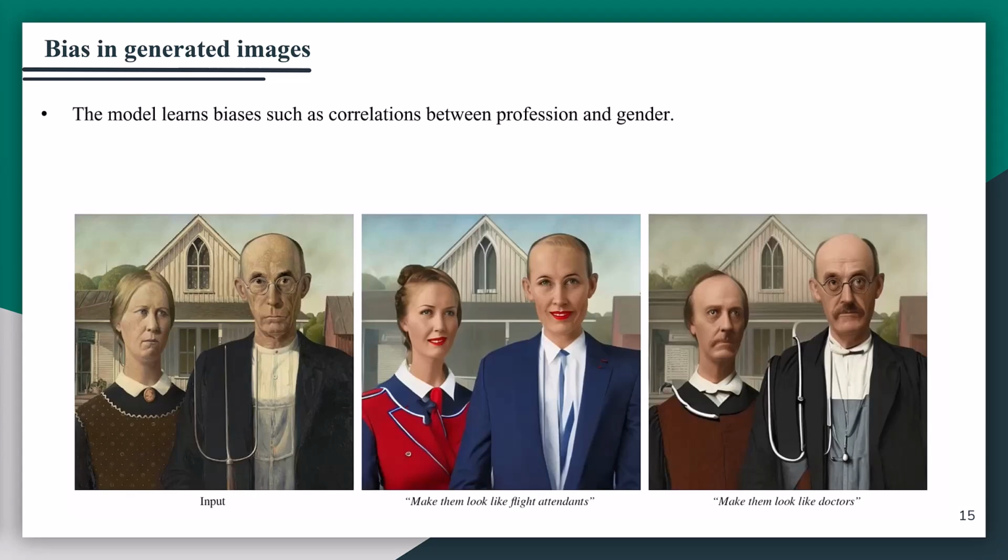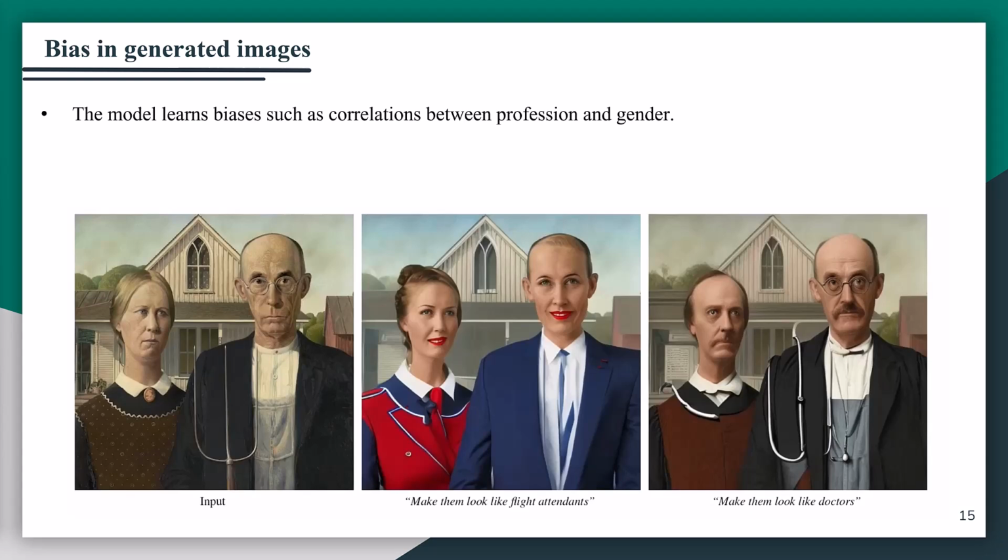Like many AI models, InstructPix2Pix inherits biases from its training data. For example, GPT-3 might produce text that reflects common stereotypes, such as associating certain professions with specific genders. These biases can carry over into generated images, which is a known limitation of models trained on large pre-existing datasets.